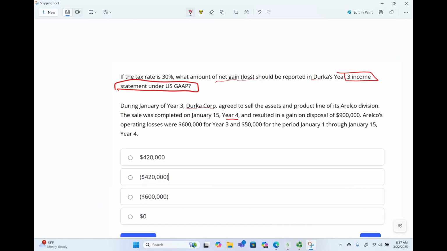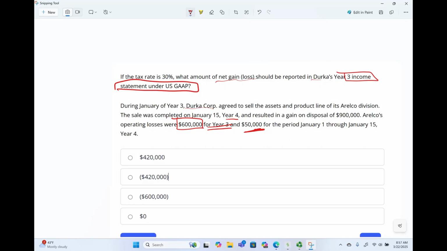So the sale will not be in year 3 at all, because that's when they sold it. In year 3, they decided to discontinue this business. As a result, they operated the business and they incurred a loss of $600,000. This is for year 3. Now, in year 4, they incurred another loss of $50,000, when they completed the sale.